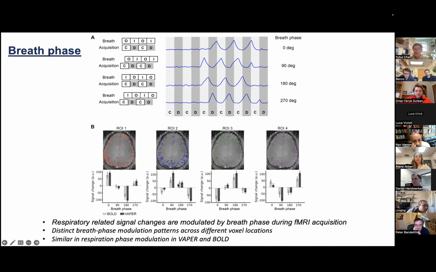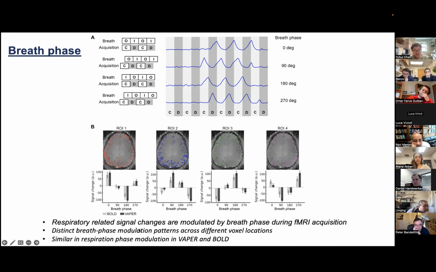So it gives us suggestions when you do this kind of analysis. You cannot simply average across time, because at different times you may have different breath phases. You also cannot simply average within, for example, one brain region, because even nearby voxels could have effects that are opposite, so they may cancel each other out.